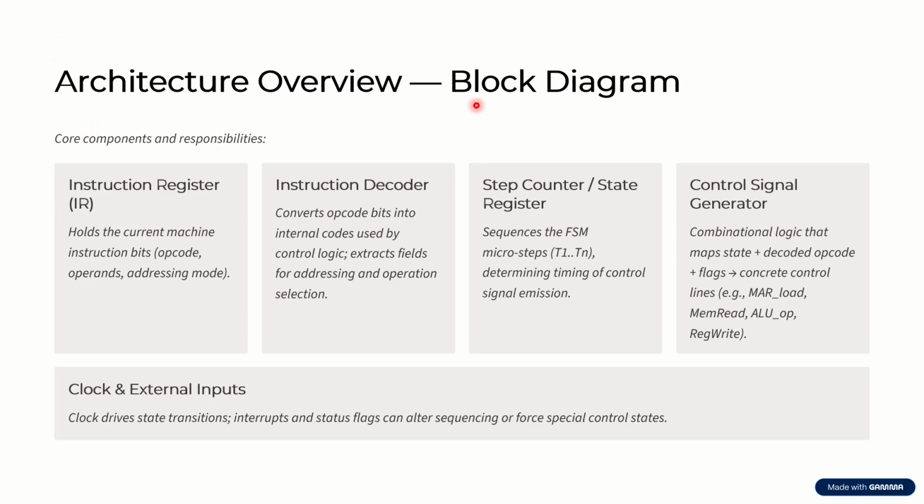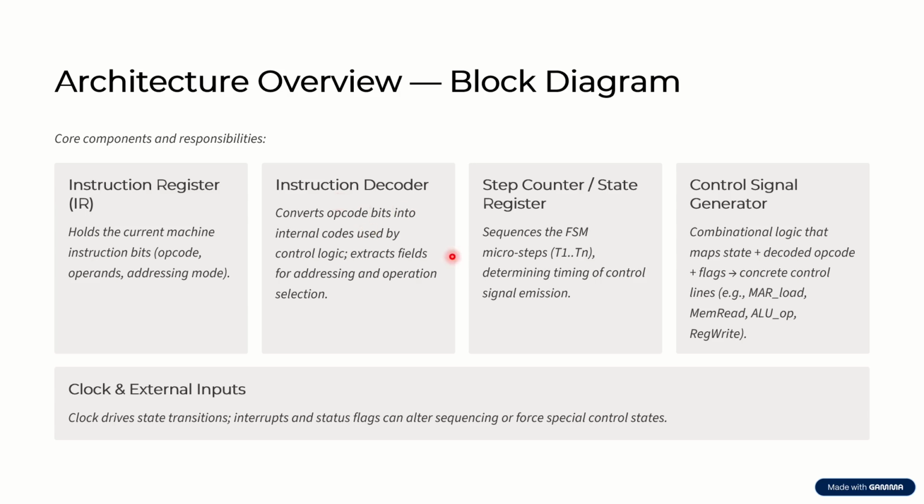Architecture overview and block diagram. First we'll talk about core components and their responsibilities. The first component is the instruction register. It holds the current machine instruction bits in the form of opcode, operands, and addressing mode. The second component of our architecture is the instruction decoder.